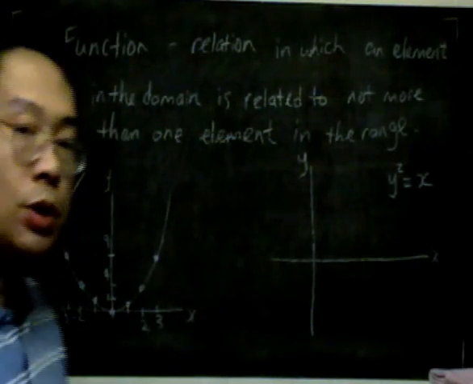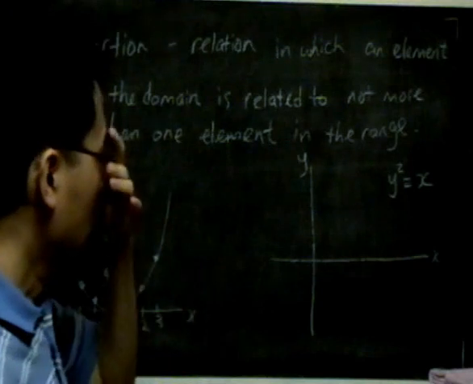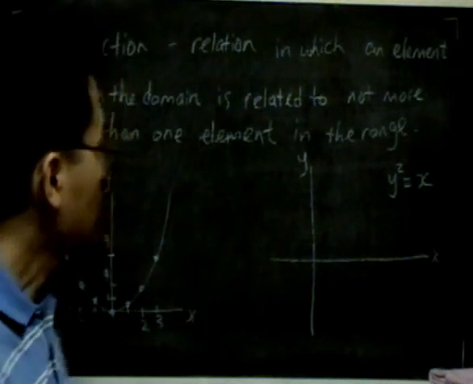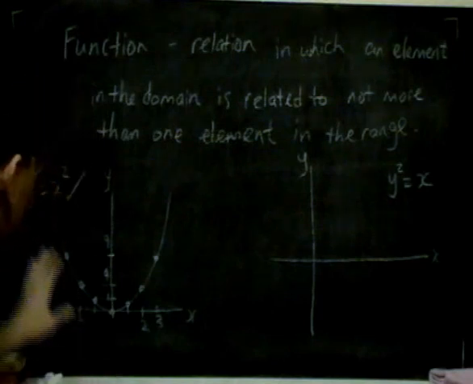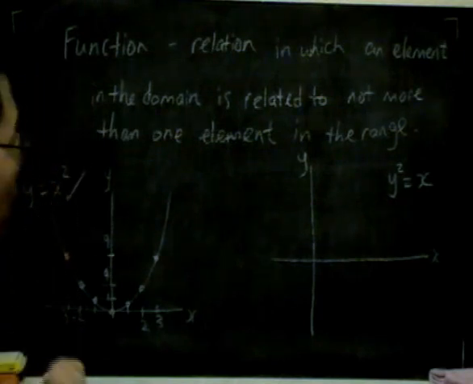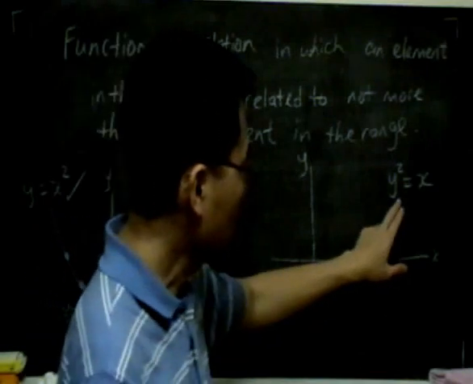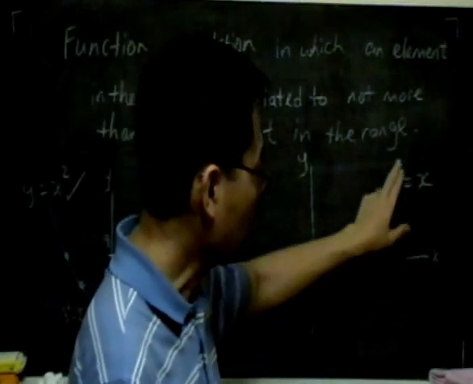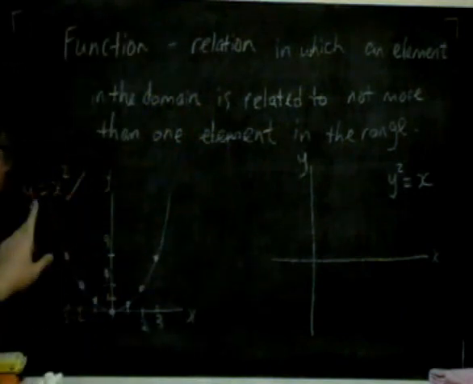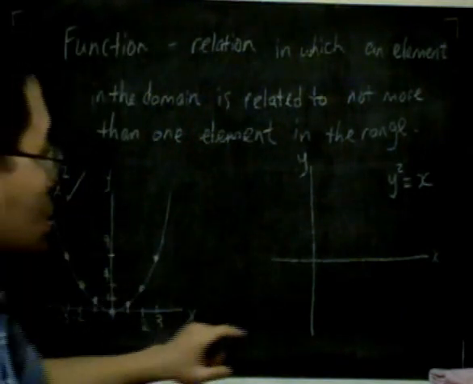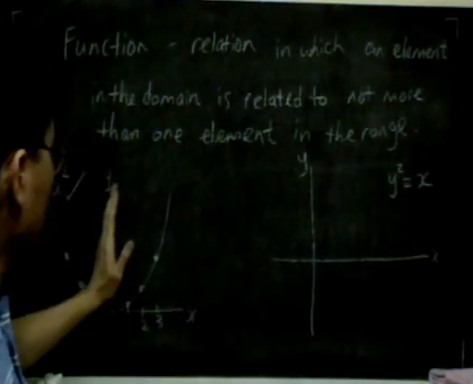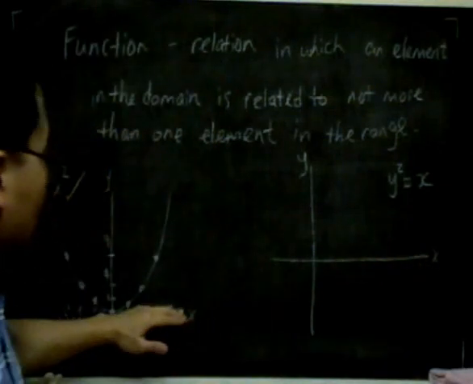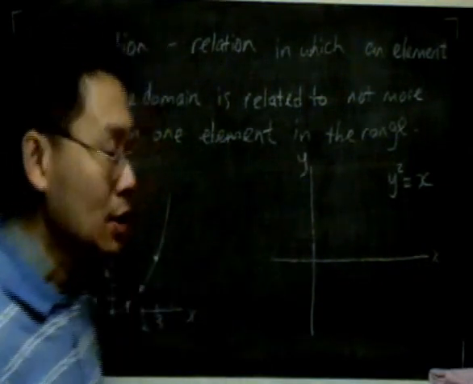This is slightly more tricky to imagine, but we can borrow some ideas from the previous example. In the previous example, we have y equals x squared. Now in this example, we have y squared equals x. So it's as if the roles of y and x are reversed. It's as if the y-axis is now the x-axis, and the x-axis is the y-axis.